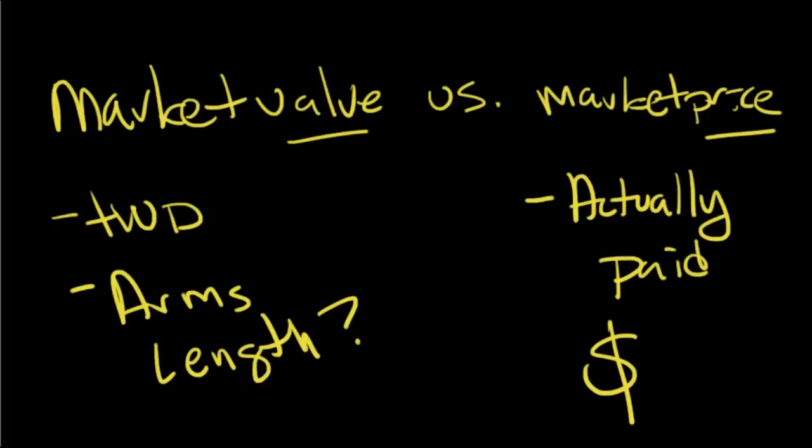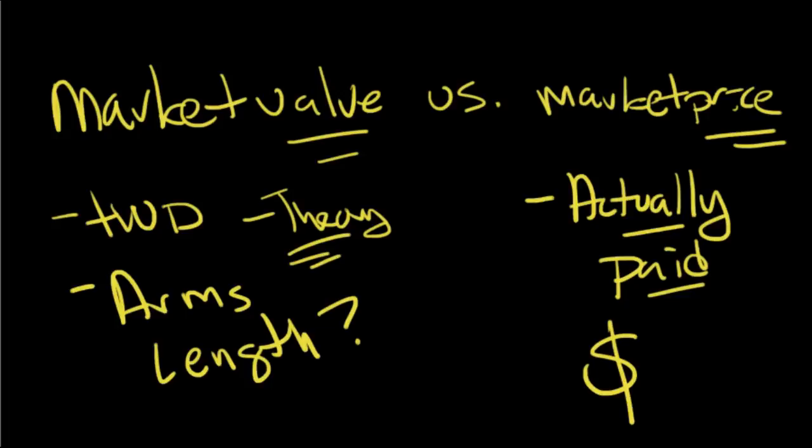Well, you need to know for the exam that market value is the purest value, and hopefully it will be pretty close to market price, but from a theoretical point of view, market value is the theoretical price. In theory, this is what you should get, and market price is actually what you get. Hopefully they're pretty close to equal, but they're not always going to be equal. That's the difference between market value and market price.